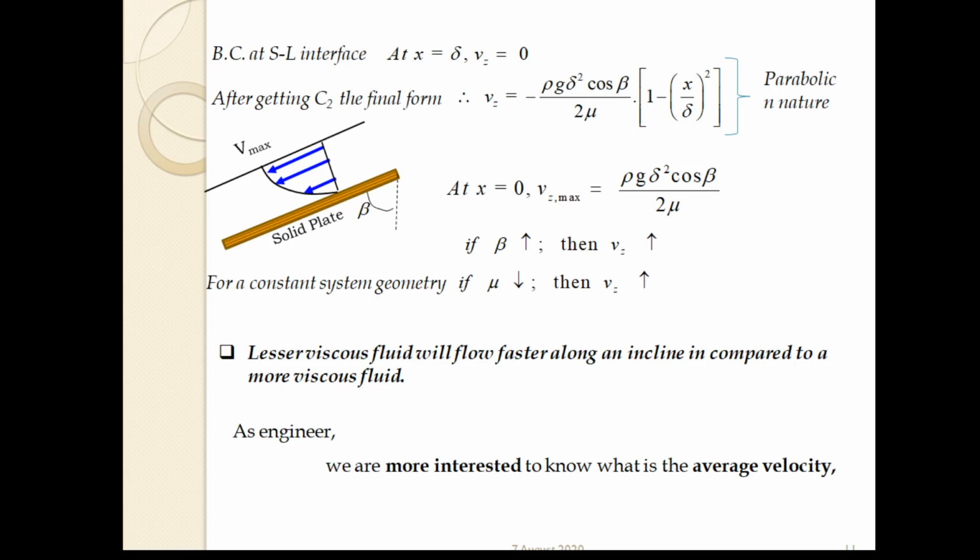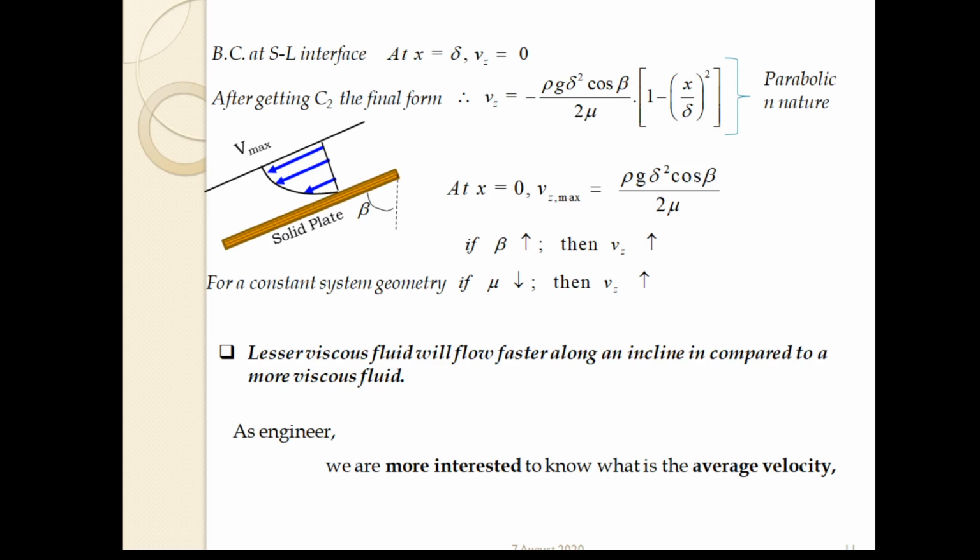And for a constant system geometry, meaning the length, width and depth are not changing and remain constant, if viscosity mu is decreasing, then the velocity in the z direction will also increase. Clear?